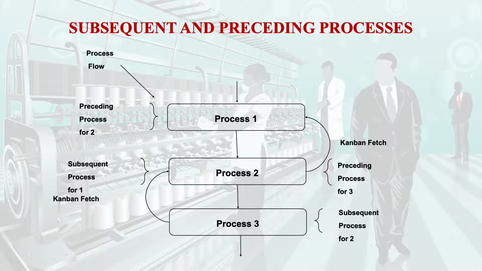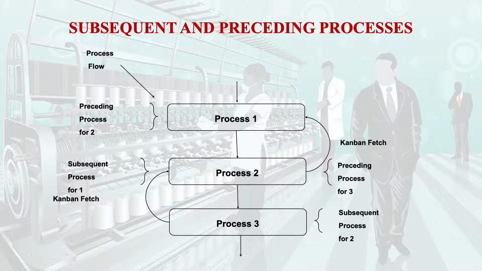We are going to again discuss the subsequent and the preceding process with the help of this diagram, which I have already explained to you. Process 2 is a subsequent process for process 1. Similarly, process 1 is a preceding process for process 2.